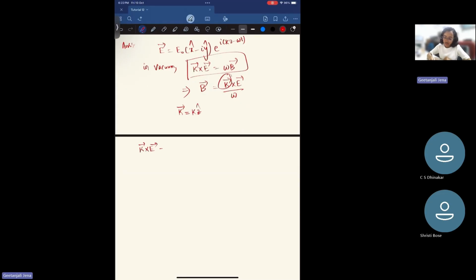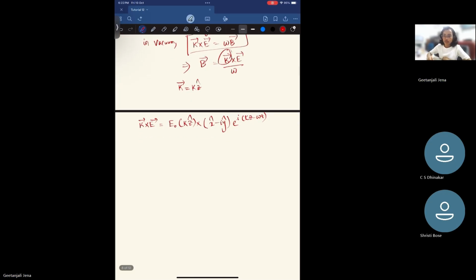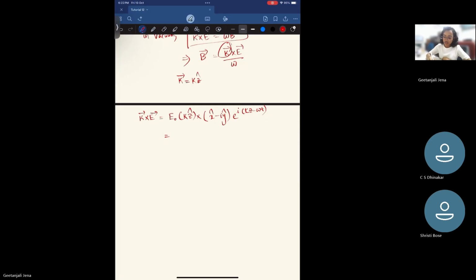k cross E, where E is x cap minus i y cap, e to the power i (kz minus omega t). So we have E0 k. Just take the cross product of z with x and y.